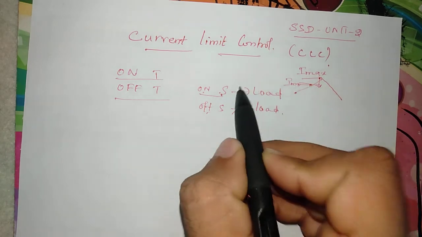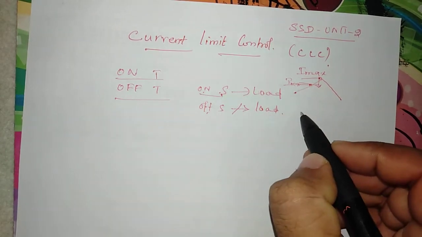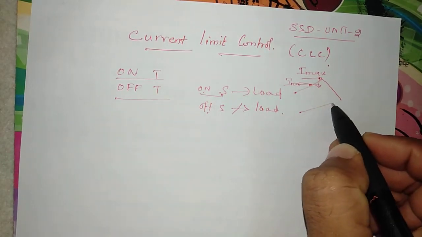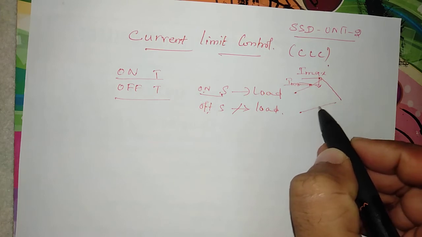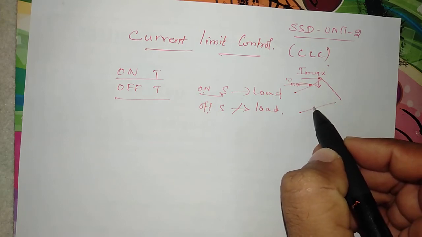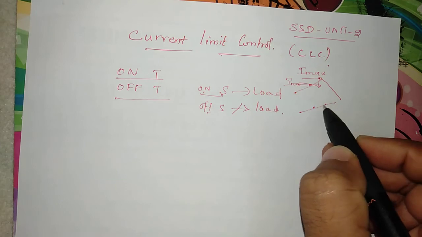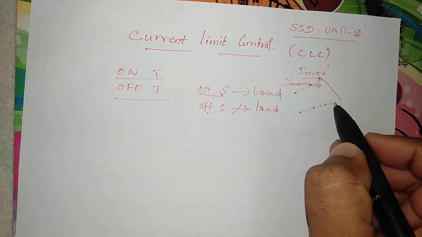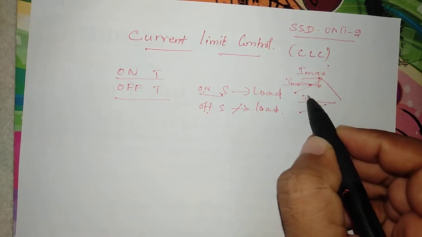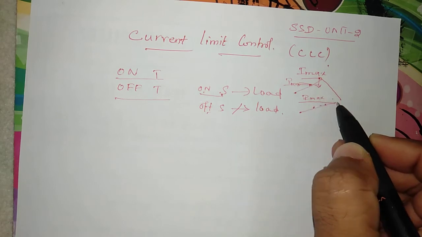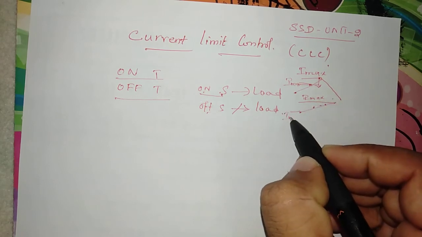So based on time, the current increases from minimum value to maximum value gradually. If you reduce the on time, this may be the maximum time, or this may be any point. It should not go beyond the previous one. That is called maximum current, and this is called minimum current.